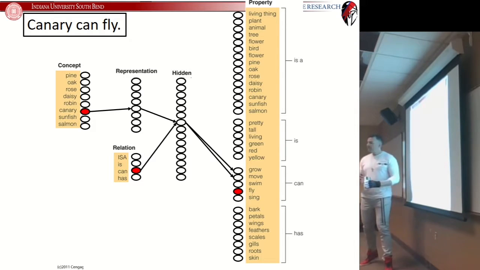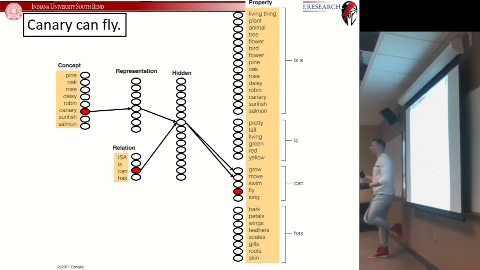About canaries. And this is actually one of the things that connectionist networks are very, very good at. And this is one of the reasons why connectionist networks kind of exploded in popularity and in terms of the possibility of helping to understand human cognition. Because unlike other computer programs, connectionist networks operate a lot like our minds seem to operate.